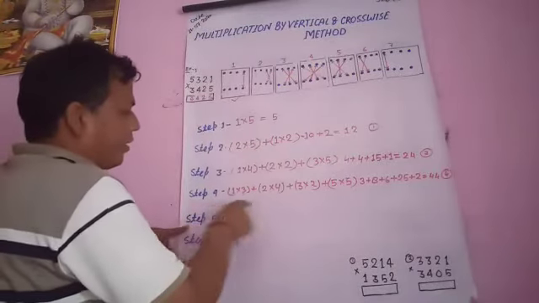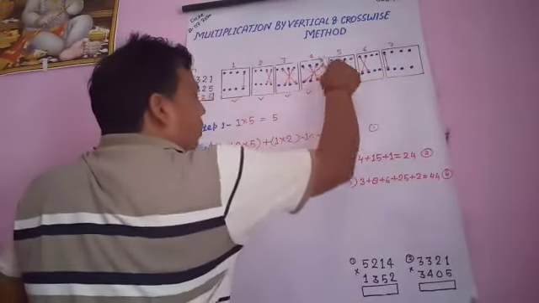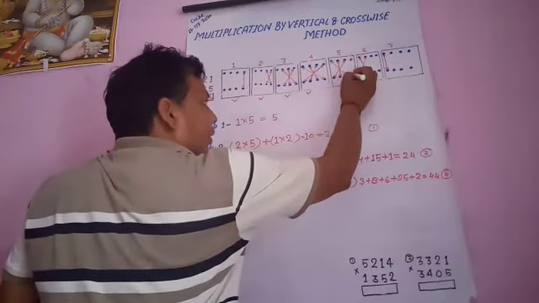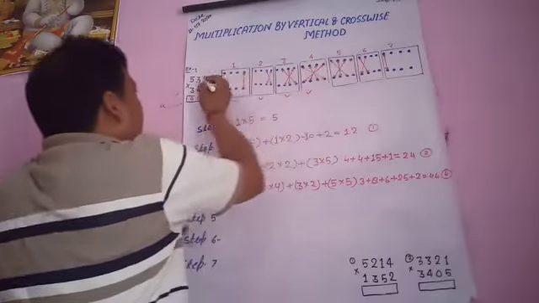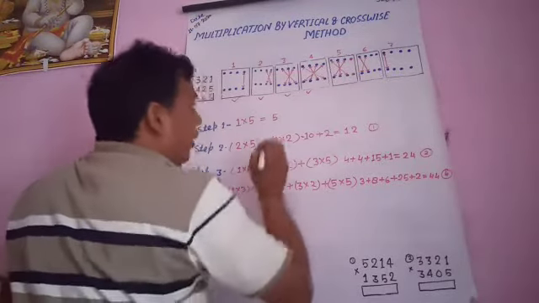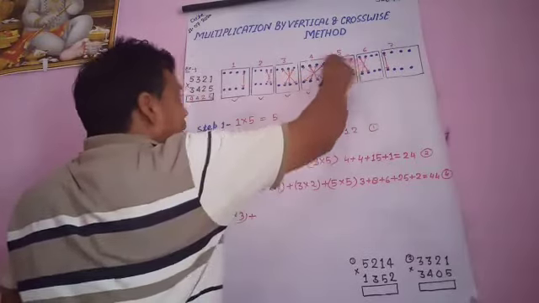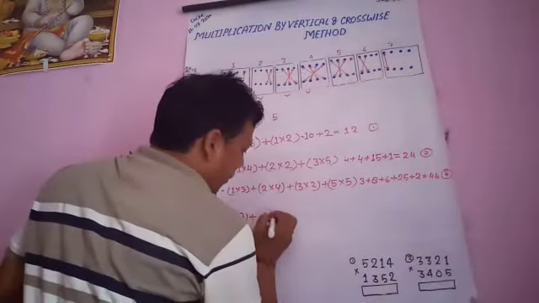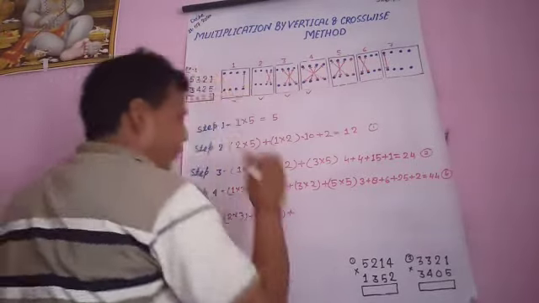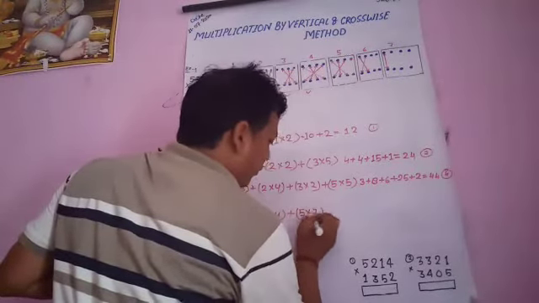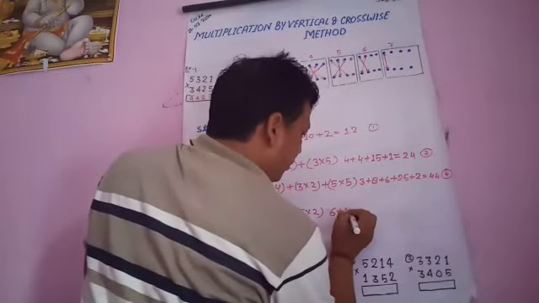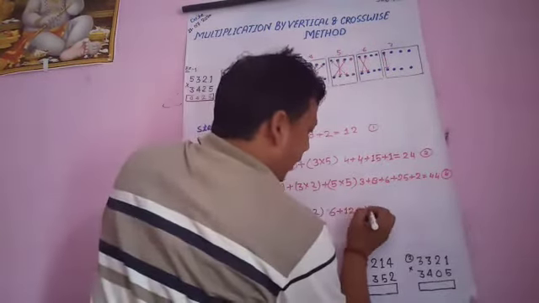Step 4 is complete, go to step number 5. Taking the first number, after it the second number, start with 2 into 3 plus 3 into 4, plus the last number and second number, 5 into 2. 3 twos are 6, plus 3 fours are 12, plus 5 twos are 10, and carry 4.